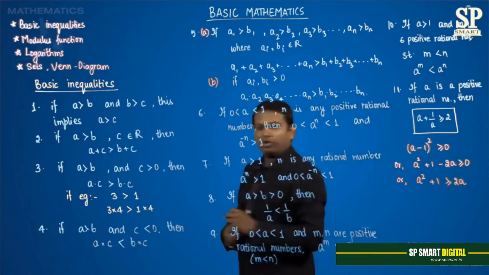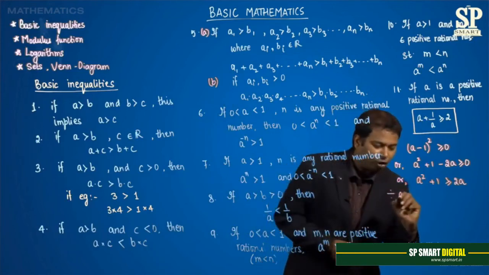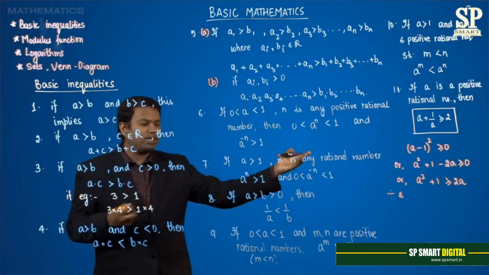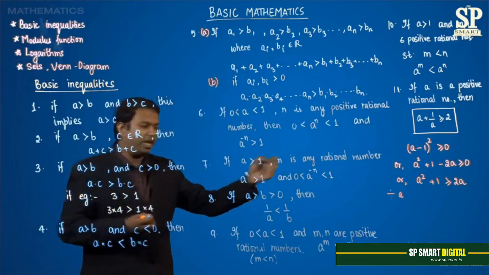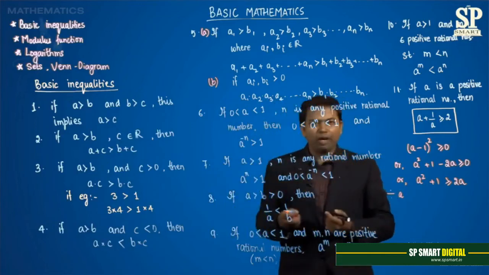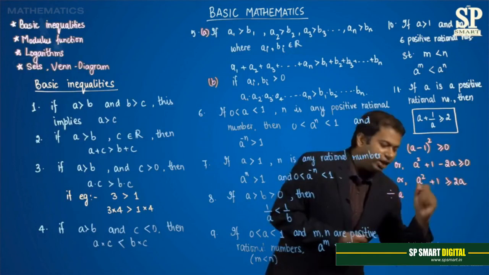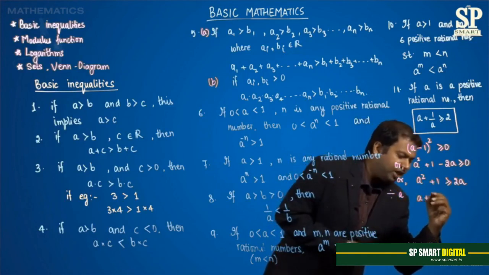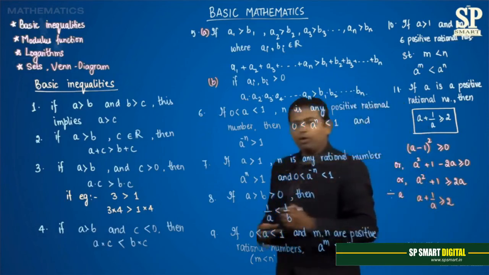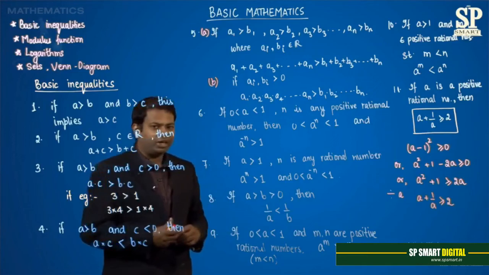Now I want to divide this inequality by a positive real number a on both sides. Dividing this inequality by a is equivalent to multiplying it by 1 upon a, and the inequality remains the same. We have a plus 1 upon a is greater than or equal to 2.